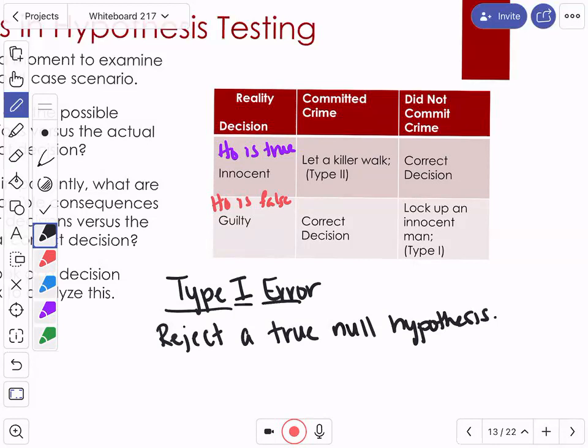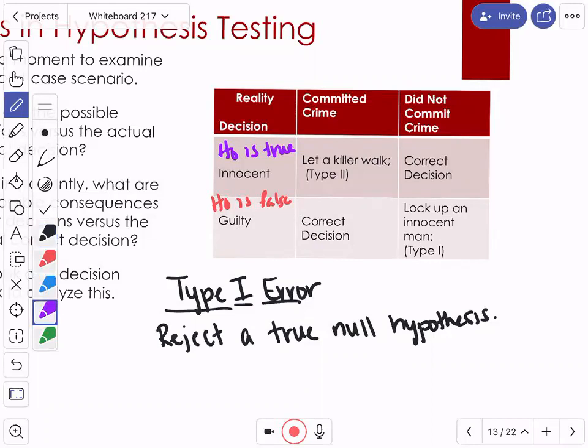If I reject the true null hypothesis, I've rejected your innocence, which means I'm saying you are guilty. But the null is really true. You really are innocent, but I've rejected the innocence. I've locked you up. You are an innocent person that got locked up. That's called a type 1 error.